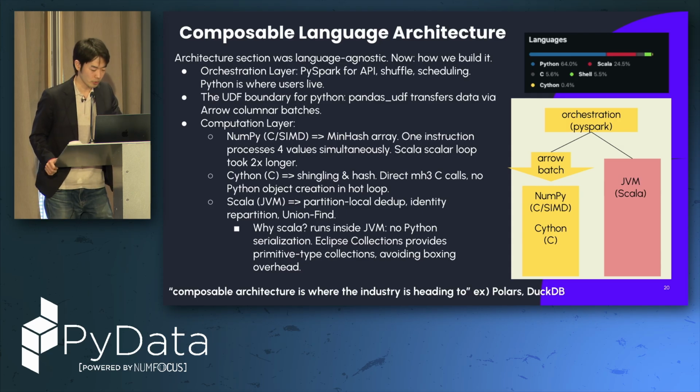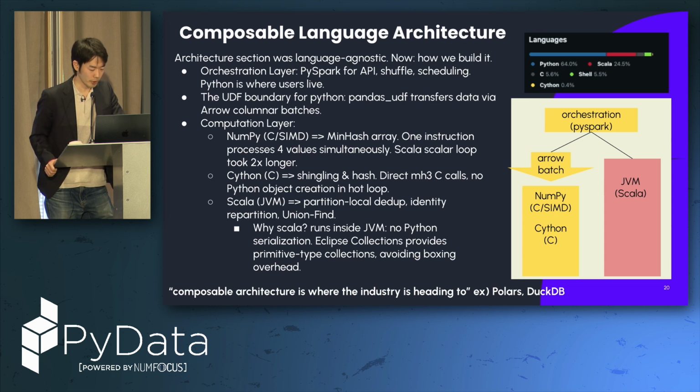So for functions like these, we can use Scala. Also, another reason is to use the Eclipse Collections. They provide primitive type collections that can avoid boxing overhead. I will also touch on Eclipse Collections in the later slides.